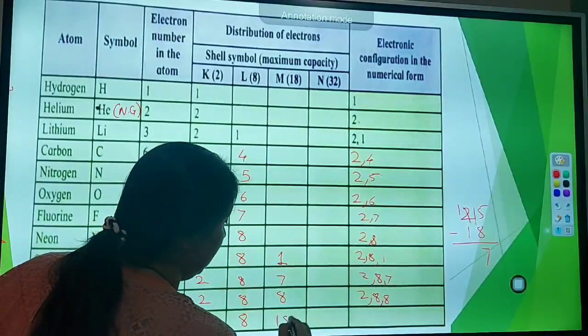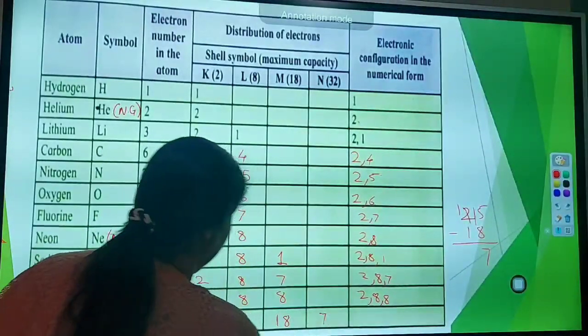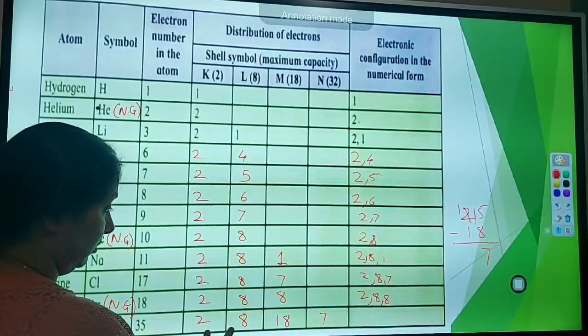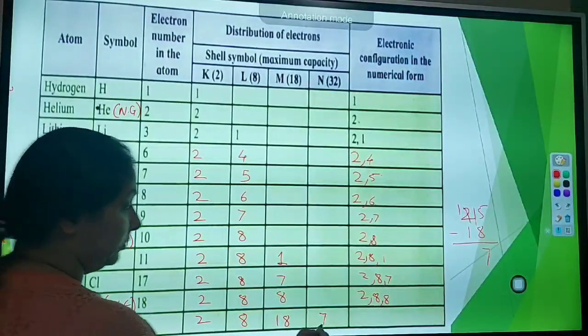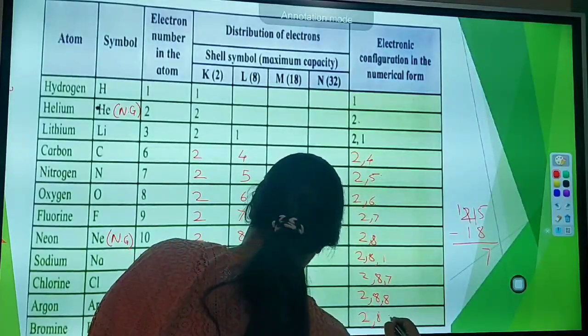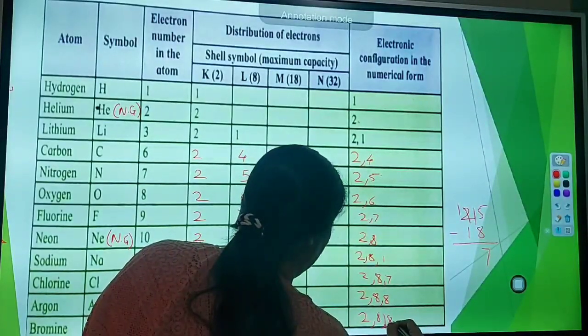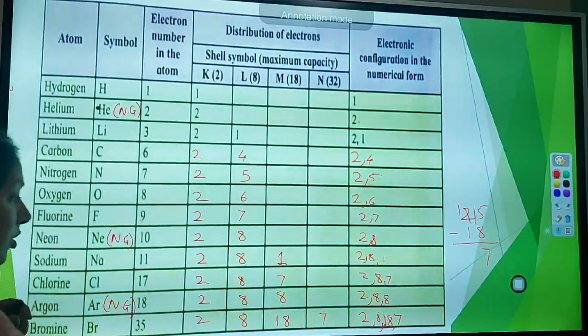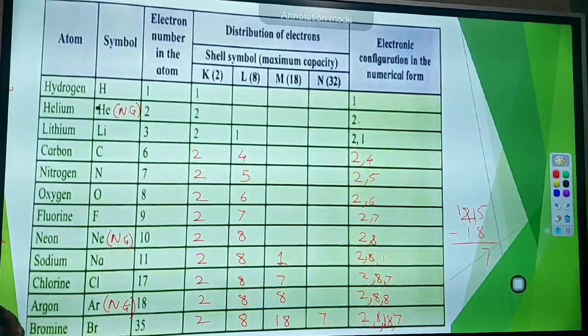So here it has 18 and 7. So 2, 8, 18, 7. This is the electronic configuration of bromine. Just check, children.